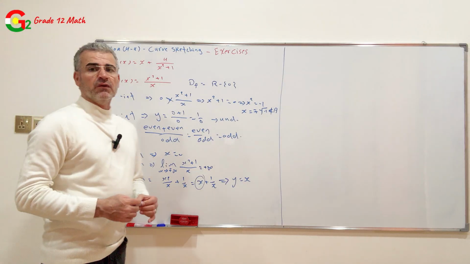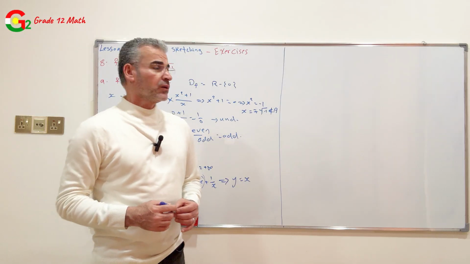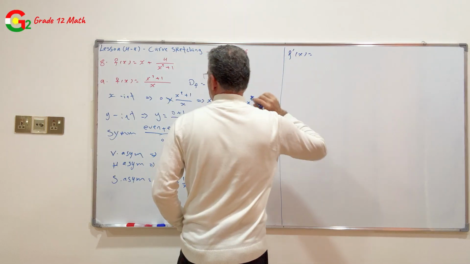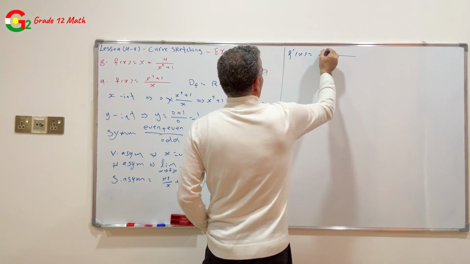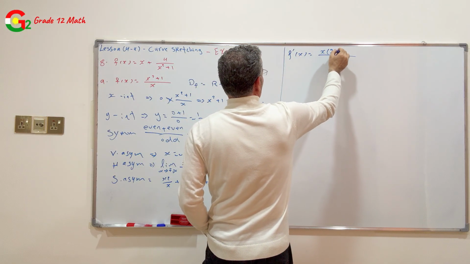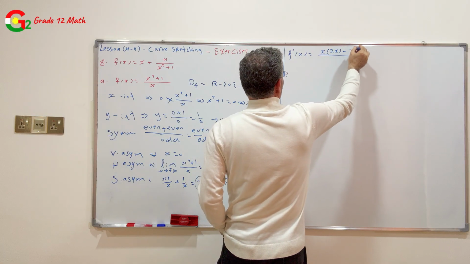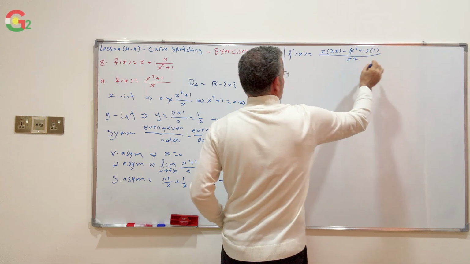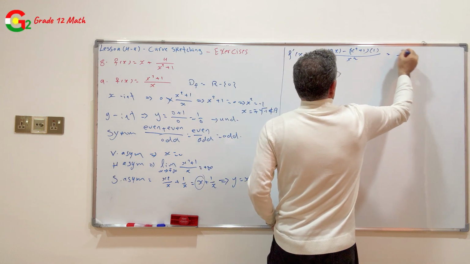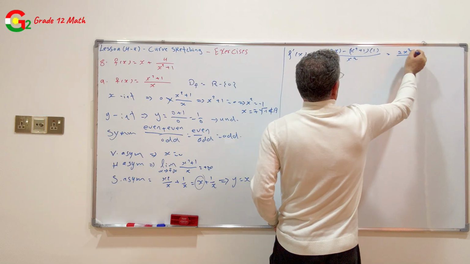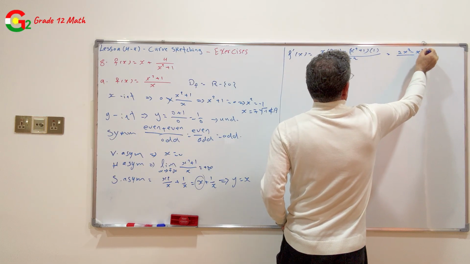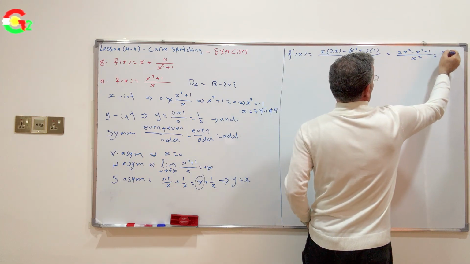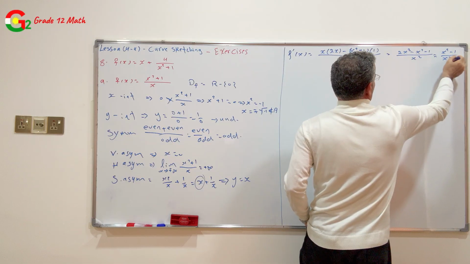To find the intervals of increasing and decreasing and the local minimum and maximum extrema, we find f prime of x. The denominator x times the derivative of the numerator 2x, minus the numerator x power 2 plus 1 times the derivative of the denominator 1, over denominator square, equals 2x power 2 minus x power 2 minus 1 over x power 2, equals x power 2 minus 1 over x power 2.